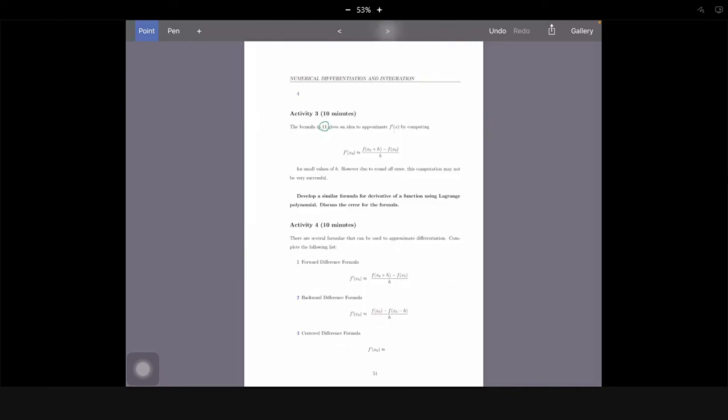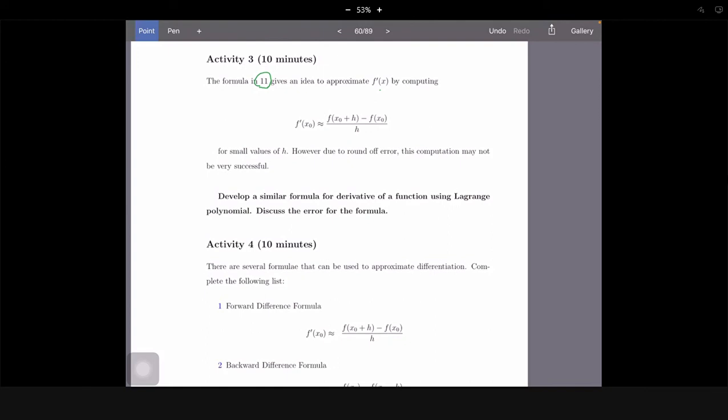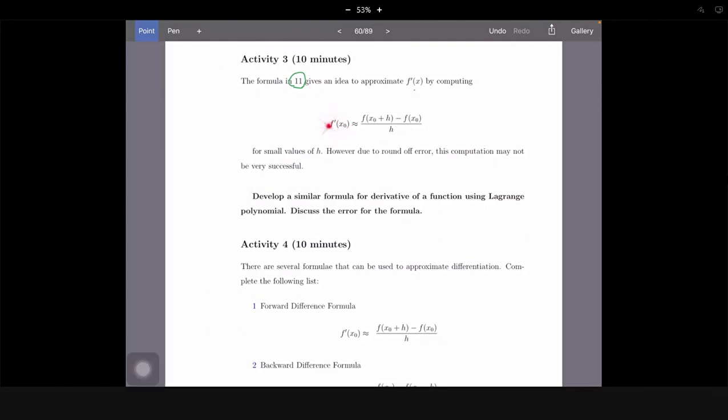That's why this equation, the derivative of f at x not, is approximately equal to f of x not plus h minus f of x not, divided by h. Okay, so this is an approximation of f prime because we have removed the limit h equal to 0.